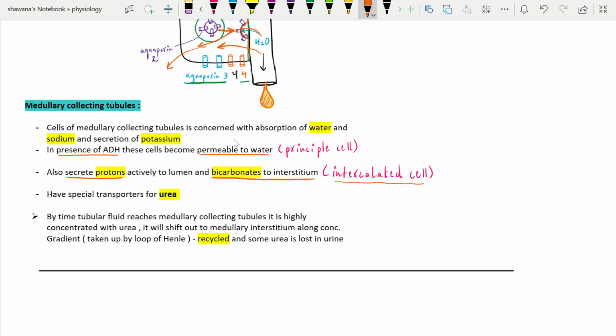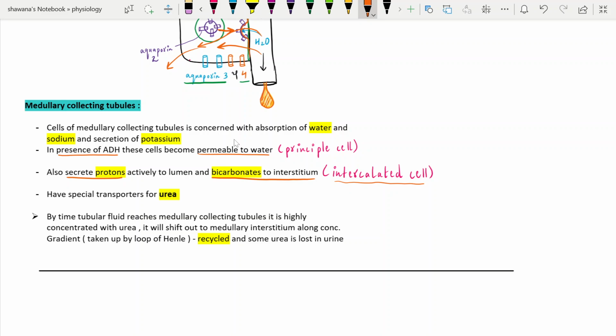There are special transporters in the medullary collecting tubules that will cause the urea reabsorption, and this urea will be moved out into the medullary interstitium, and the urea present in the medullary interstitium will be taken up by the loop of Henle. Loop of Henle is permeable to urea, and this urea will again become part of the tubular fluid, and the cycle moves on.